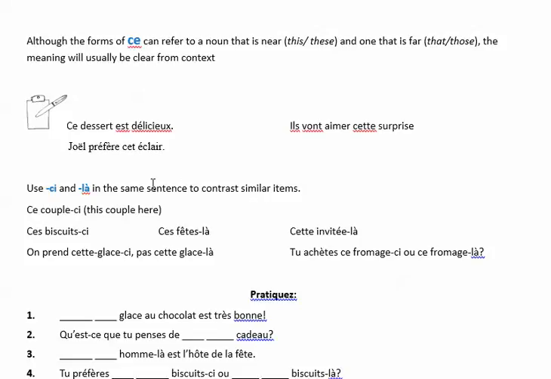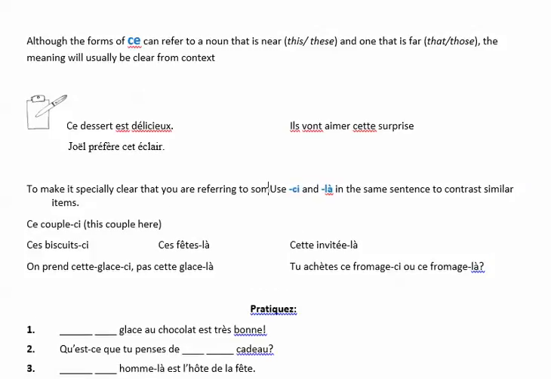Fine, I want to add something else. To make it especially clear that you're referring to something near versus something that's far, add ci and là in the same sentence to contrast similar items.